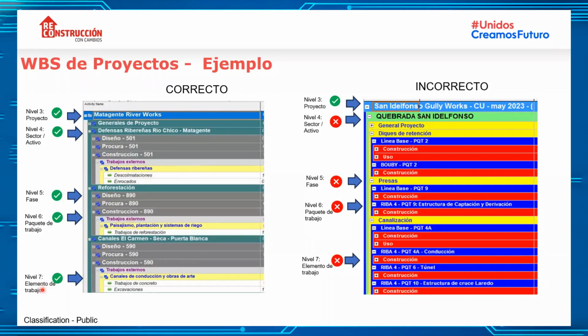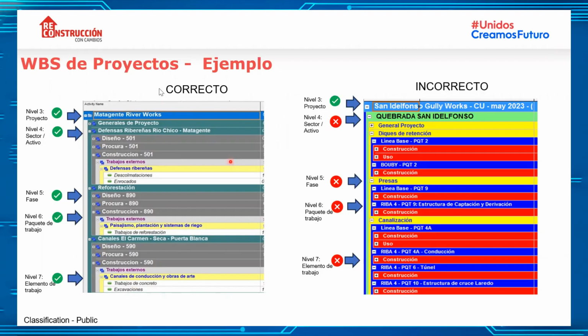And in the last level, the elements of work, we also have part of the scope of the project. For that work, we have the activities, but you can also introduce higher levels of WBS according to the needs of the project schedule. Here we are not limiting or generating higher levels of WBS, but they should start from 7 downwards.